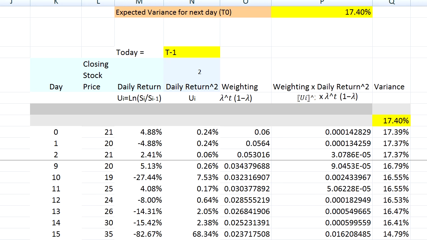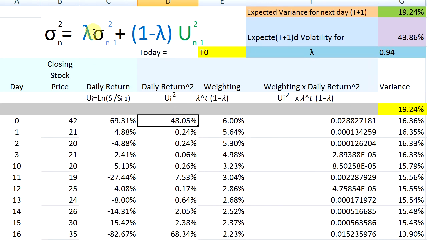Remember, this is estimated volatility, yesterday's estimated volatility. Once you have these numbers, you can estimate the volatility for next day, and based on lambda, you are applying a weighting to these two values here, and that will give you a reasonable estimate for the next day's volatility.